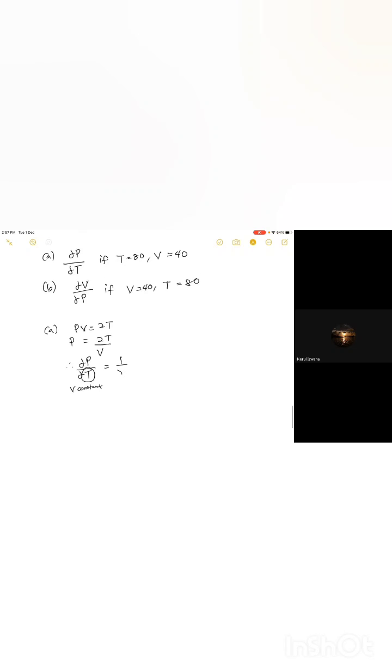So the constant 1 over V, or 2 over V actually. Bezakan T akan dapat 1. So this is actually 2 over V. Now when you substitute the value of T equals to 80, V equals to 40, it is actually 1 over 20.